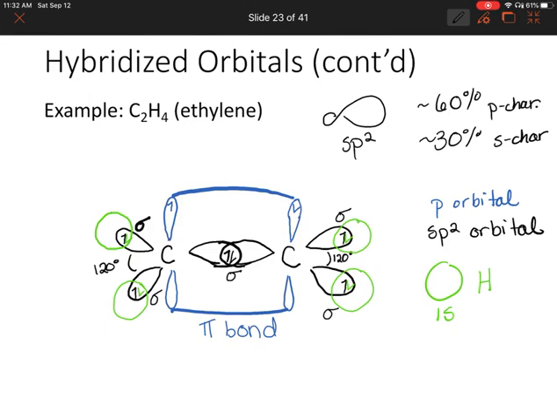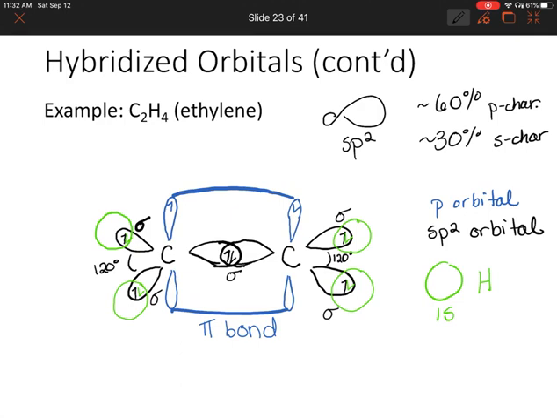So let's ignore the pi bonds there. Could we rotate the carbons? Yeah, if we just had a single bond between those carbons, we could totally rotate them. We could rotate them any way we want. But once you start adding in double and triple bonds, you can no longer rotate those carbons.